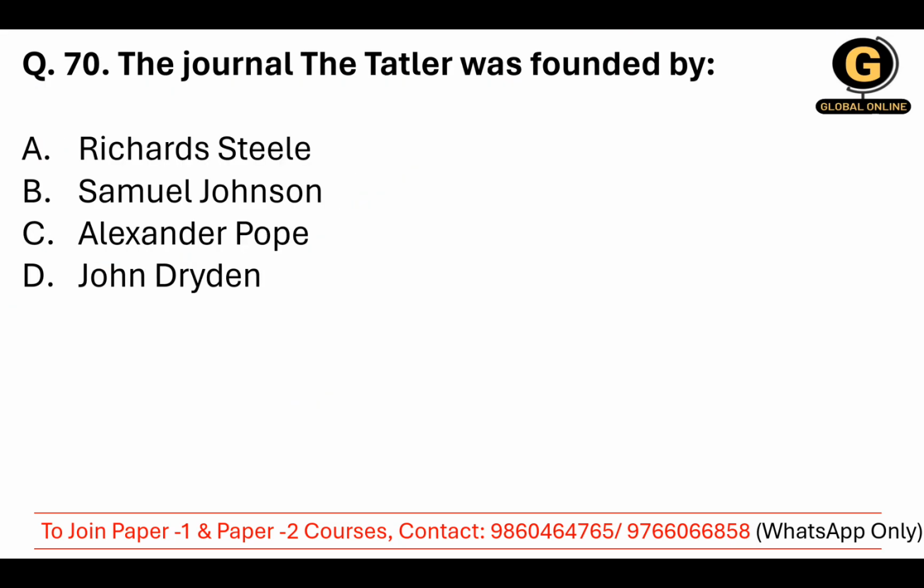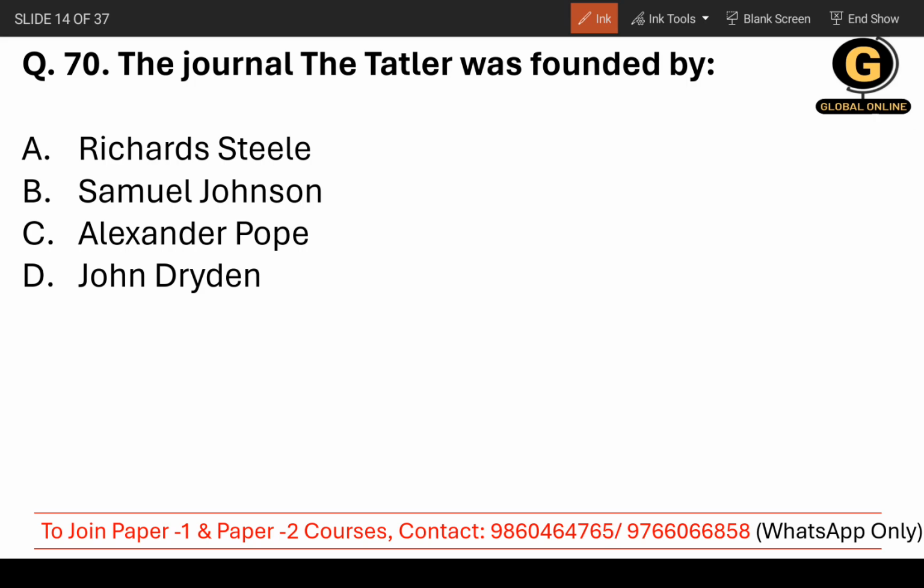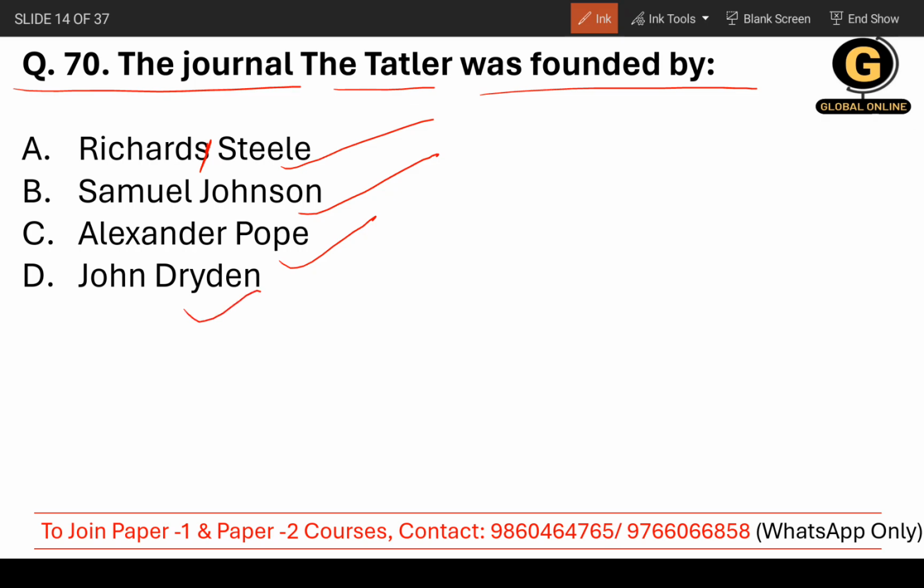Moving on to question number 70. The journal The Tatler was founded by. I have already discussed this particular question in our previous lecture, so go and watch it. Now, Richard Steele, Samuel Johnson, Alexander Pope or John Dryden.